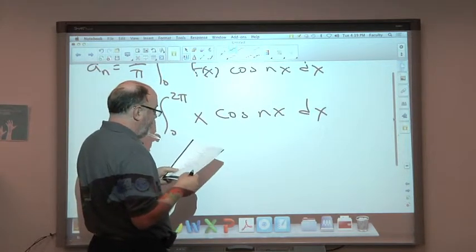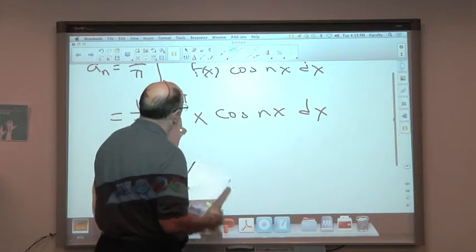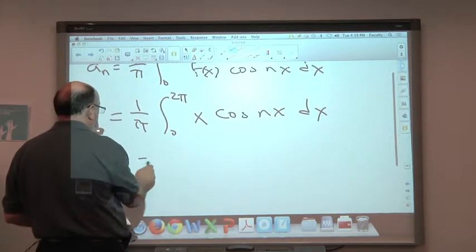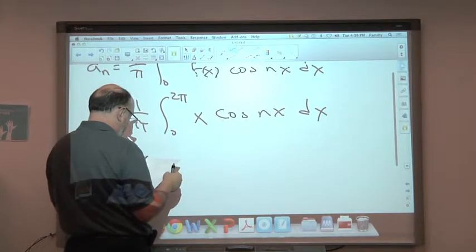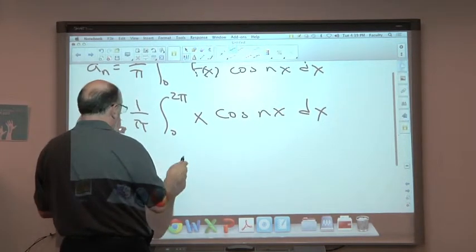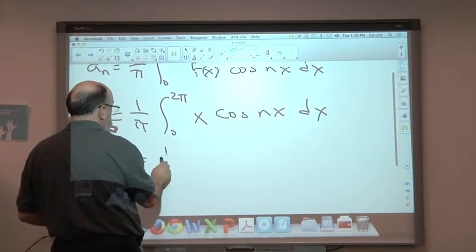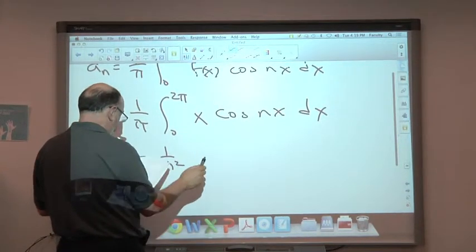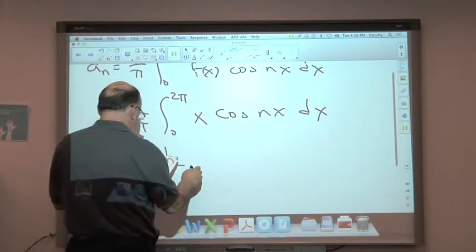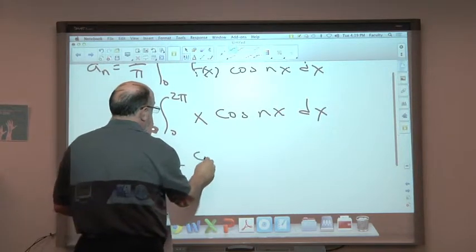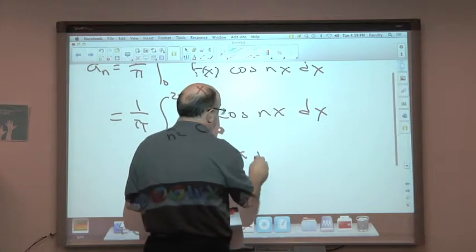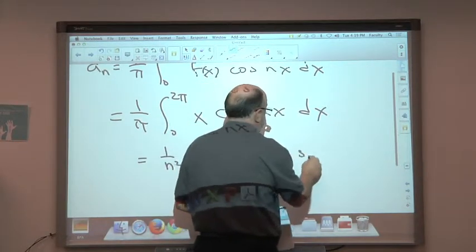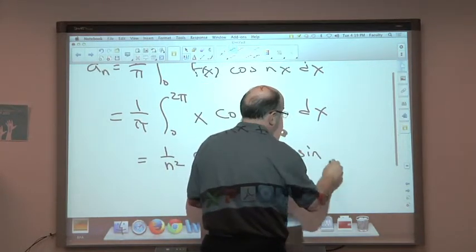And so if we integrate this, we end up with 1 over n squared, cosine nx plus nx sine nx.